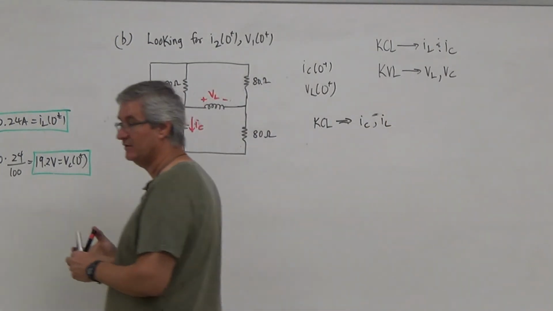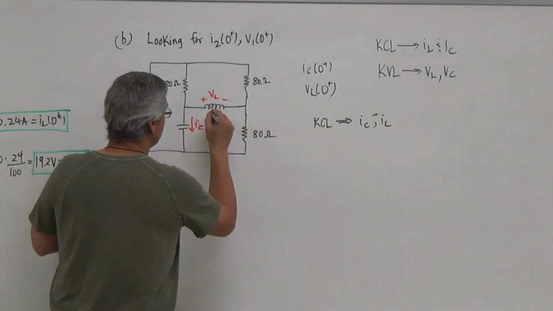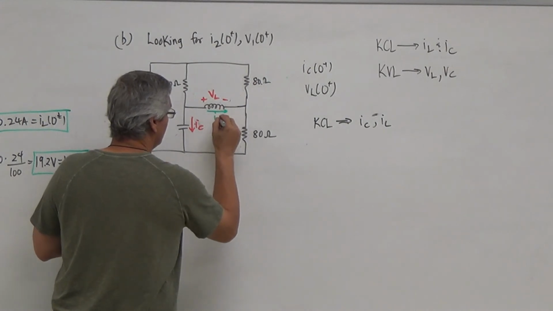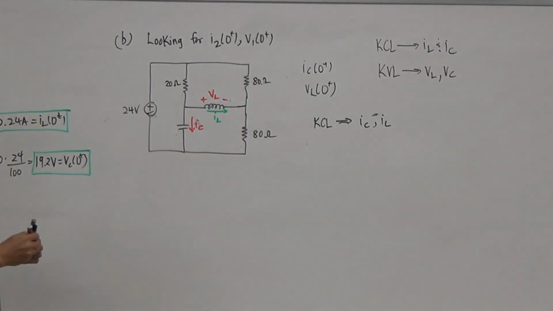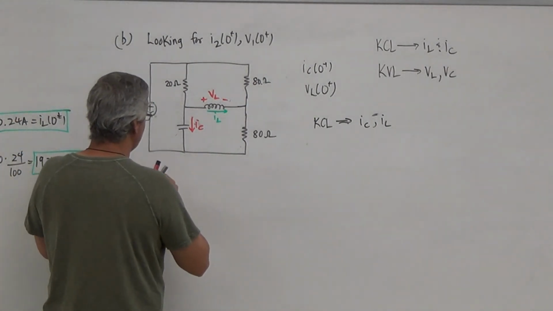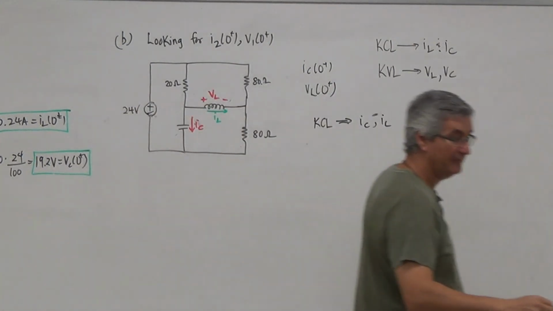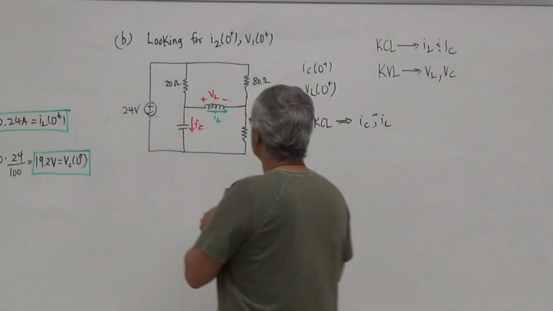And what you're seeing here is, note, here's where the current is coming from for this guy. And if you look right here, you can see that I have a node right here.